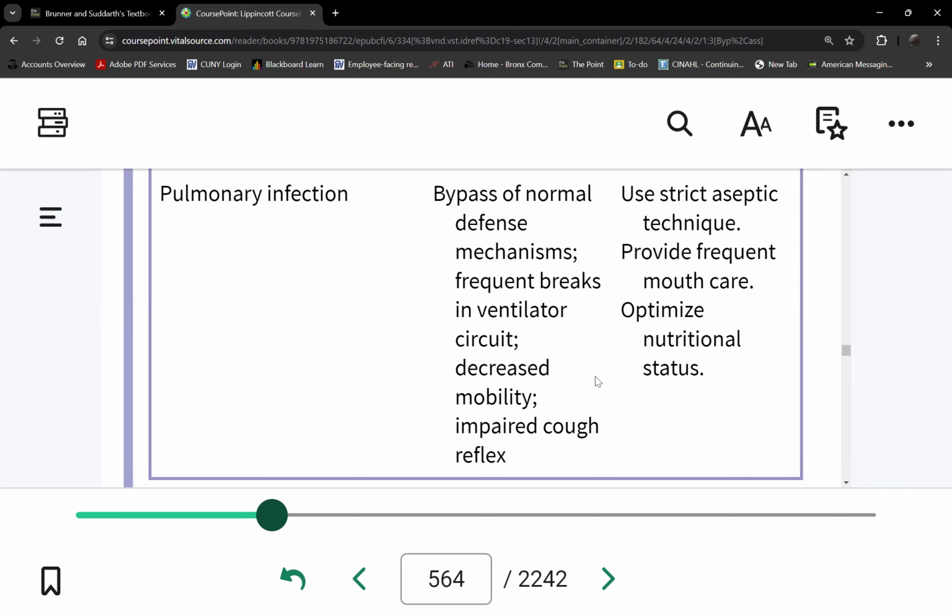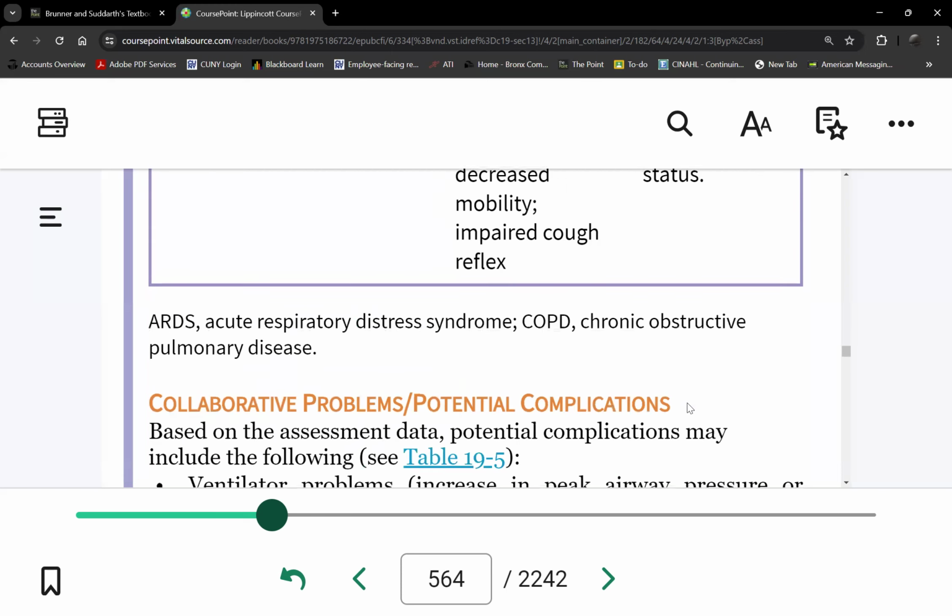Just imagine. And again, can we absolutely 100% prevent aspiration? No. There will be aspiration. So when they aspirate, do you want those secretions clean or dirty? You want them clean. So that's the reason for frequent mouth care, right? So when they aspirate the secretions, at least they were clean, or as clean as can be.